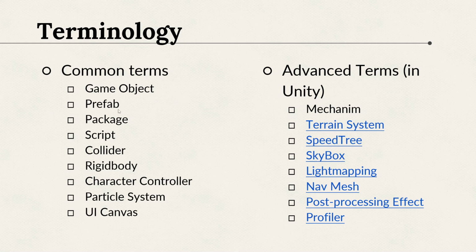Prefabs are a very interesting concept. Let's say you have an object in your game that you're going to use several times, for instance, a type of enemy. You create a prefab out of that one object, and you simply copy and paste it in your game as many times as you want.